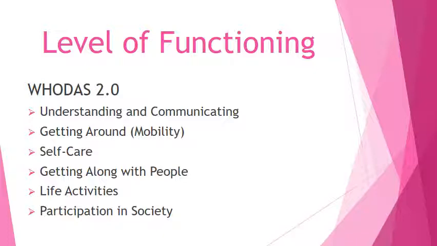A thorough assessment of level of functioning includes all of these domains, but unfortunately, level of functioning in mental health and substance use services has far too long only looked at self-care and life activities when assessing level of functioning.